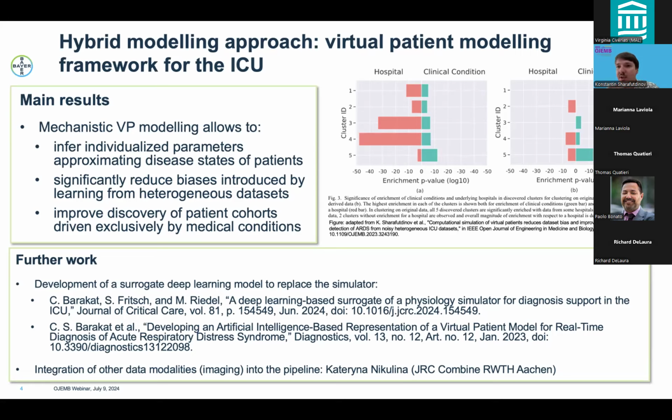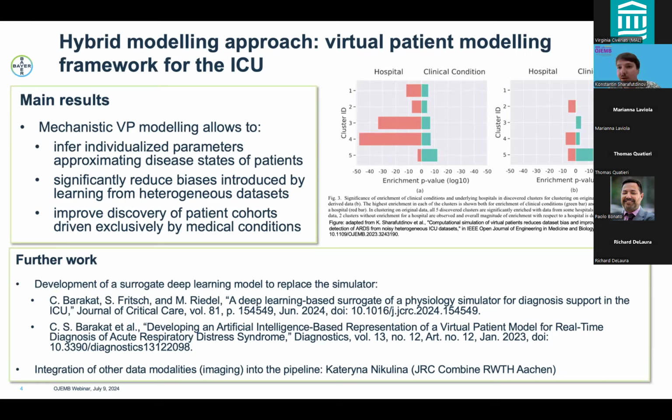If you would like to utilize such models in a real hospital setting, those times are not acceptable. So the idea was to build a surrogate deep learning model to replace the simulator and check whether the fitting of such models can be done very fast.